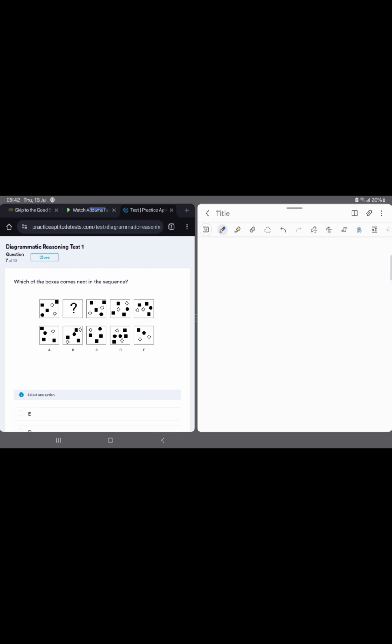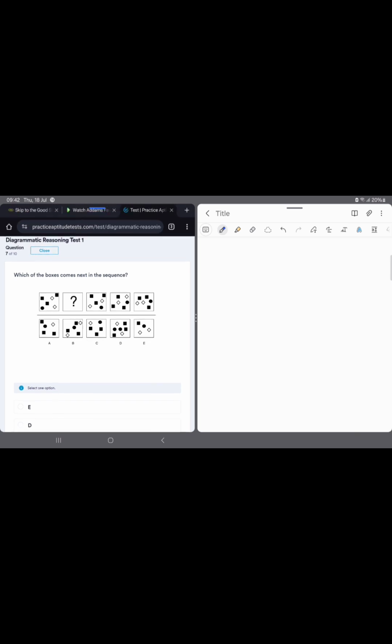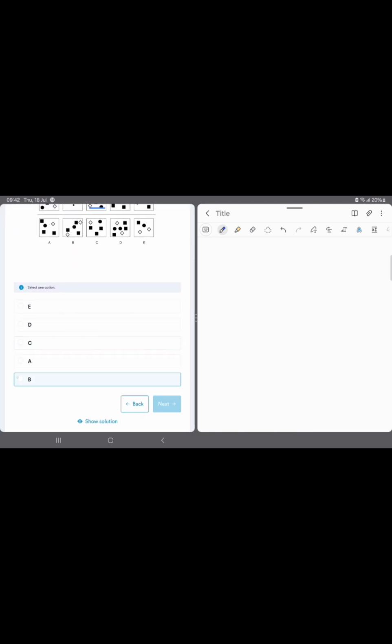The other thing we can look at is that, even though the shapes are moving around in all the different diagrams at the top, the shapes inside remain the same. So there's no change in the number of circles or in the number of squares. But in option D, the number of circles is 2. So D also cannot be the answer. That leaves us with B as our solution. So the answer will be B.